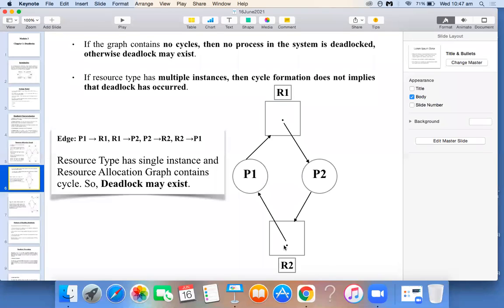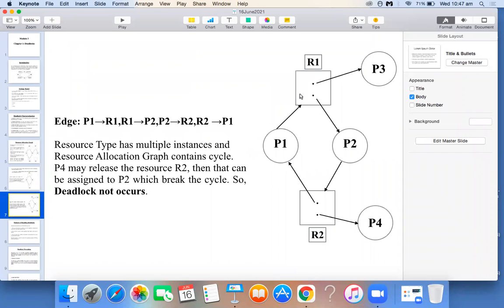So if they ask in your examination, explain how the deadlock can be detected using a resource allocation graph, you have to explain like this by writing this particular diagram. So how deadlock will occur when you are using single instances, and how deadlock will not occur when you are using multiple instances of resources.